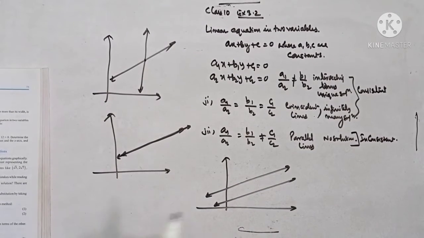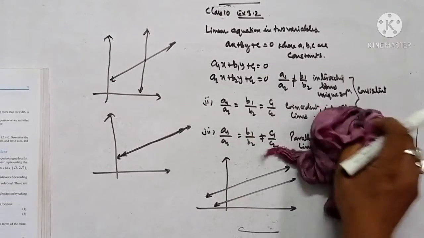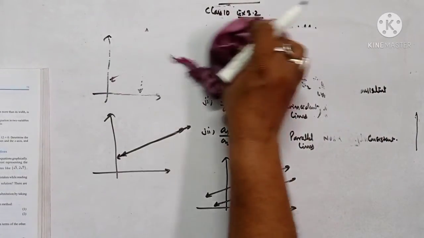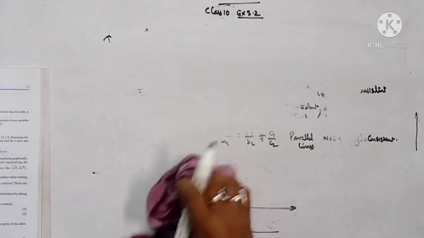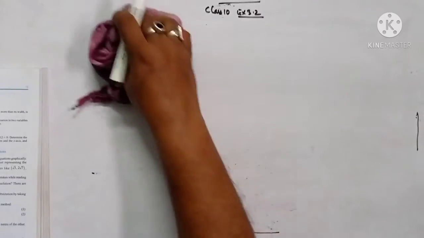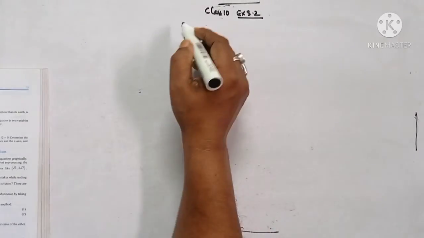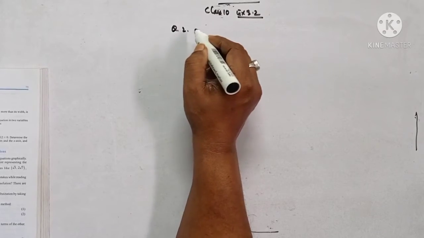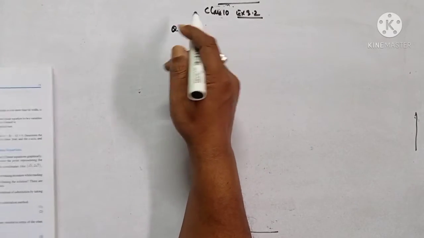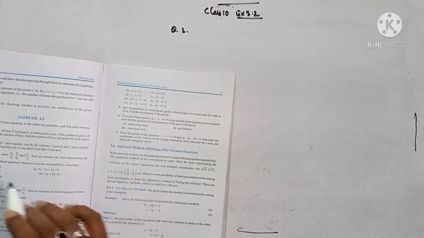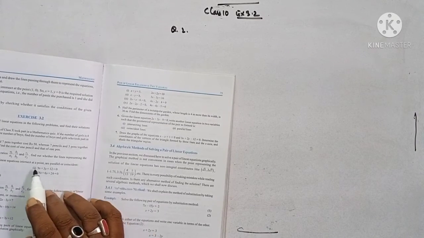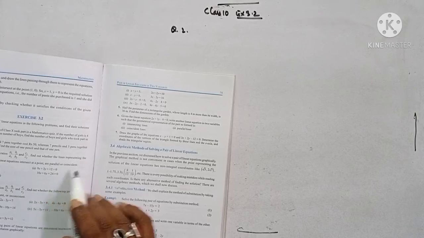So now I am going to exercise 3.2. Here I am going to start from question number 2. You have to compare whether the lines represented are intersecting, parallel, or coincident.